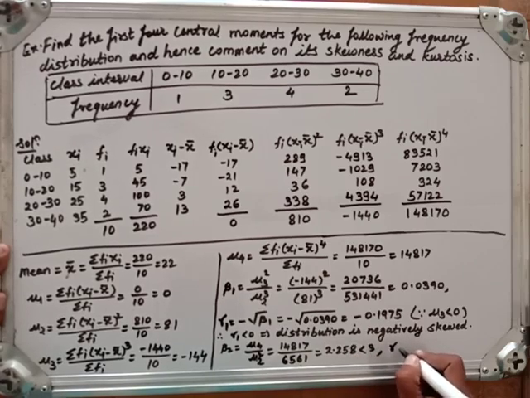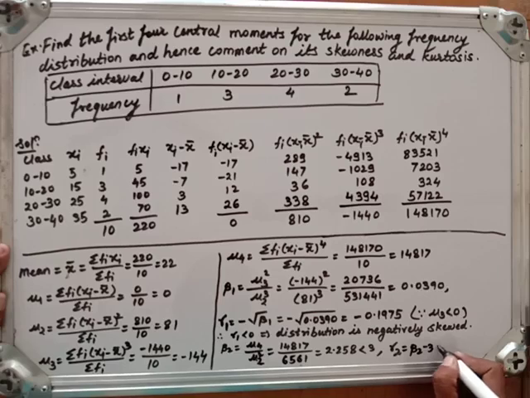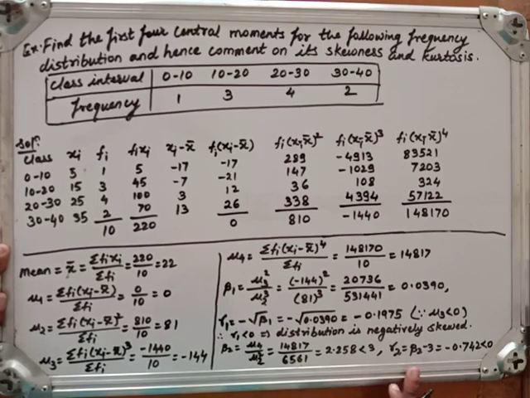Now from this, what is gamma 2? Gamma 2 is beta 2 minus 3. So it will be minus 0.742. It is again negative. Gamma 2 is negative. So this says the distribution is platykurtic.